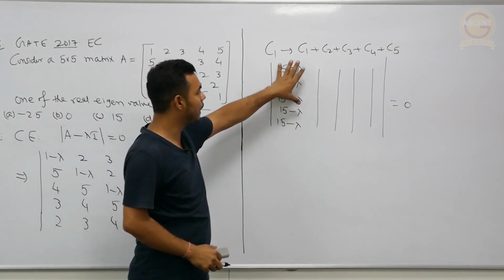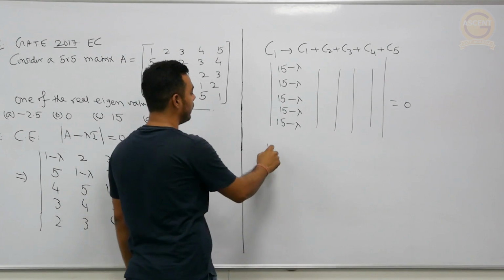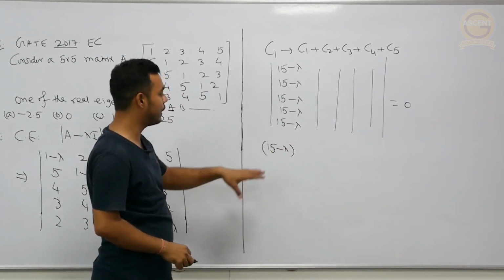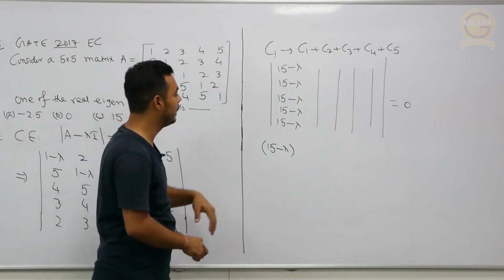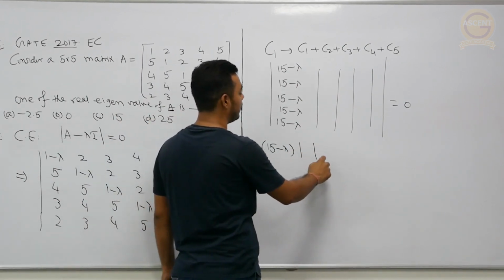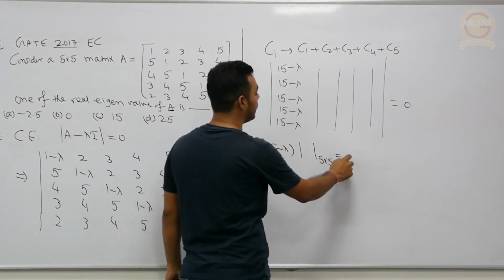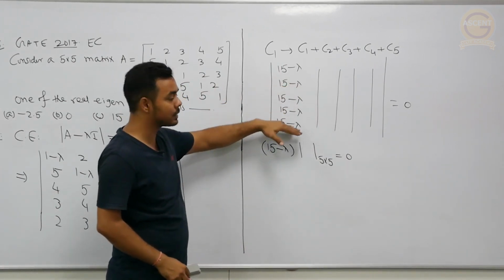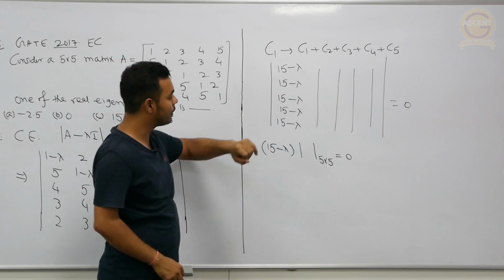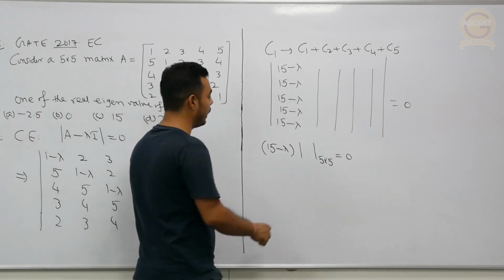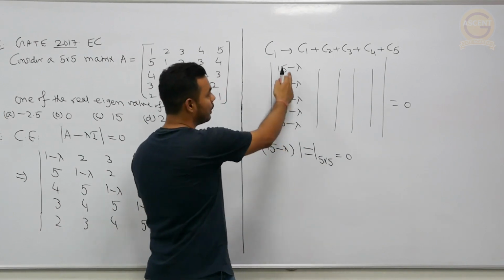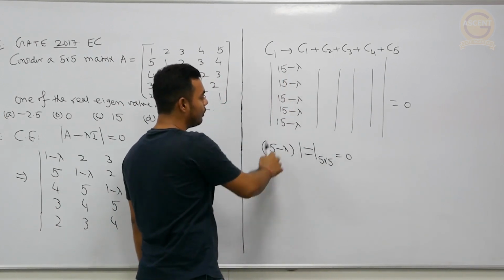Now we can take any element common from any row or column. So if I take 15 minus lambda outside, since we have 15 minus lambda in each element of the first column, then I will get a 5 cross 5 determinant, and this is equal to 0. In this determinant, the first column will become 1 1 1.